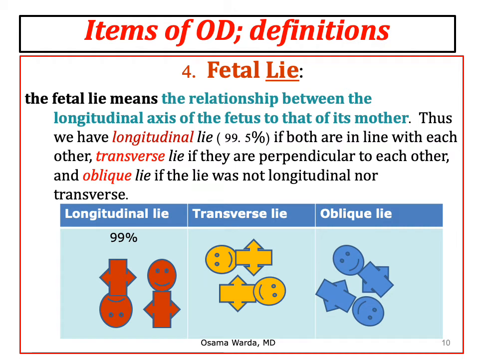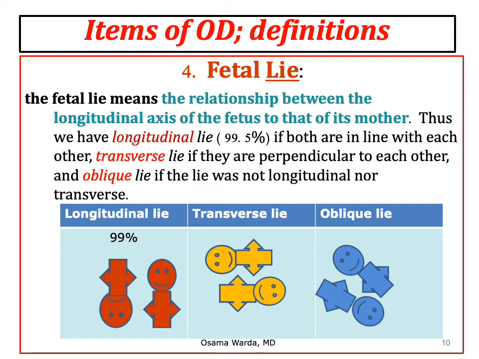We come to the fetal lie. What's meant by fetal lie? Fetal lie means the relationship between the long axis of the fetus to that of its mother. So we have only three possibilities. If the long axis of the fetus is parallel to the long axis of its mother, it is a longitudinal lie.